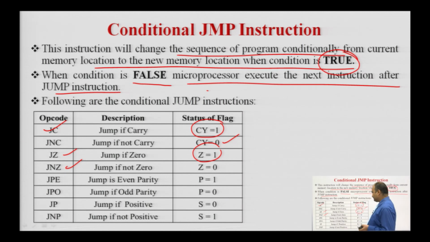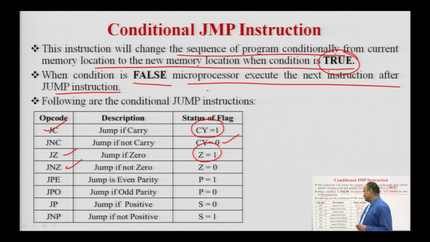Next is the JPO instruction, that is jump if odd parity. When the parity is odd or the parity flag is reset, then the processor will transfer the control from the current memory location to the new memory location. Means when this condition is satisfied, then only the processor will transfer the control. Otherwise, it will execute the next instruction after the jump instruction.